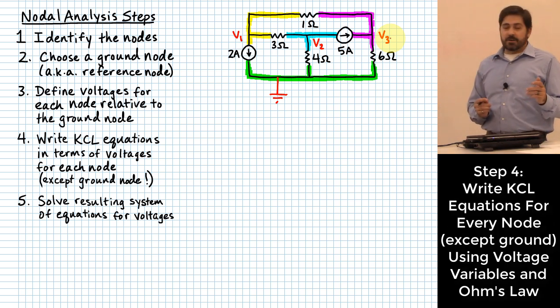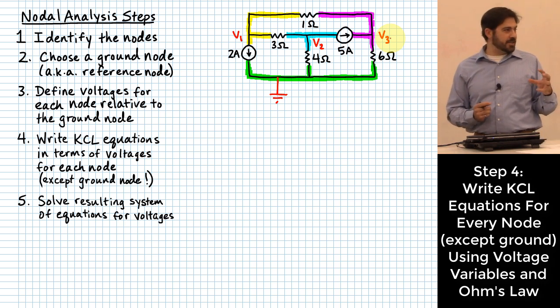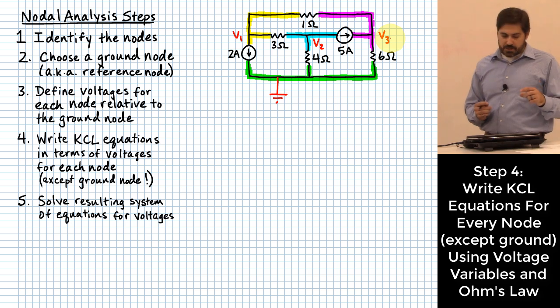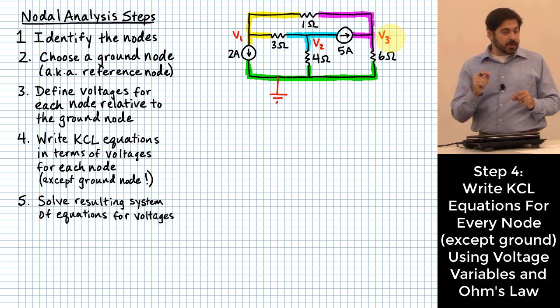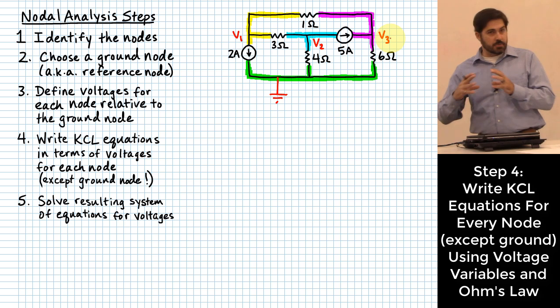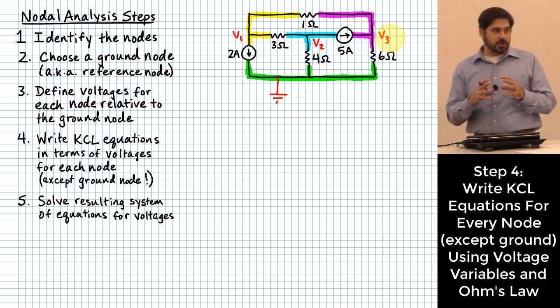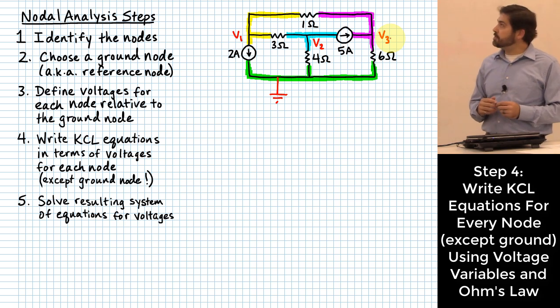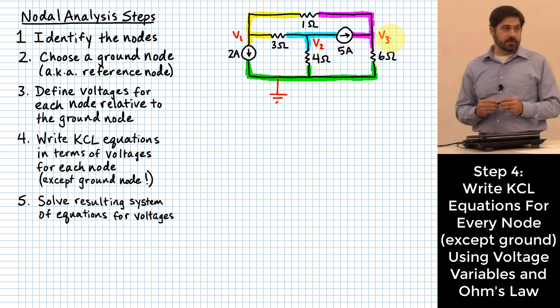Step 4 is where most of the work happens. Step 4 is where we write Kirchhoff's current law equations, typically in terms of the voltages you just defined. You write those equations for each one of the nodes except the ground node.